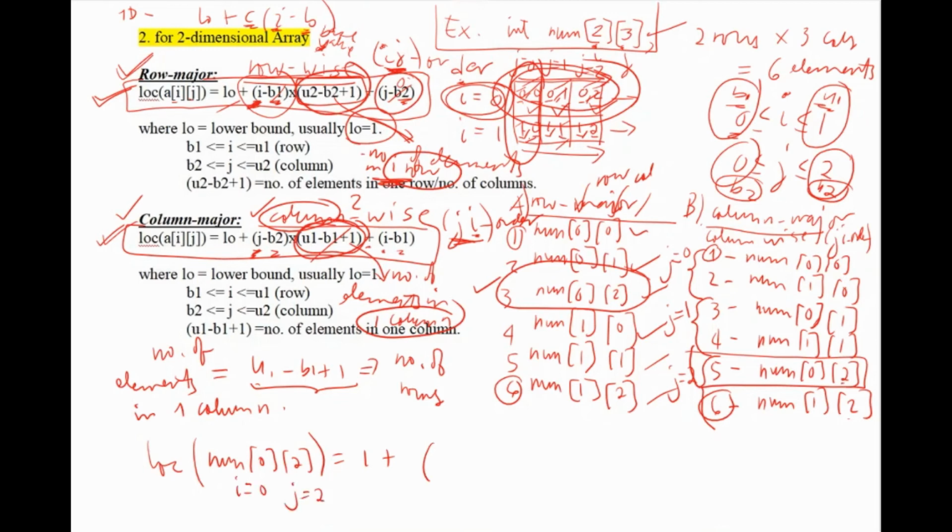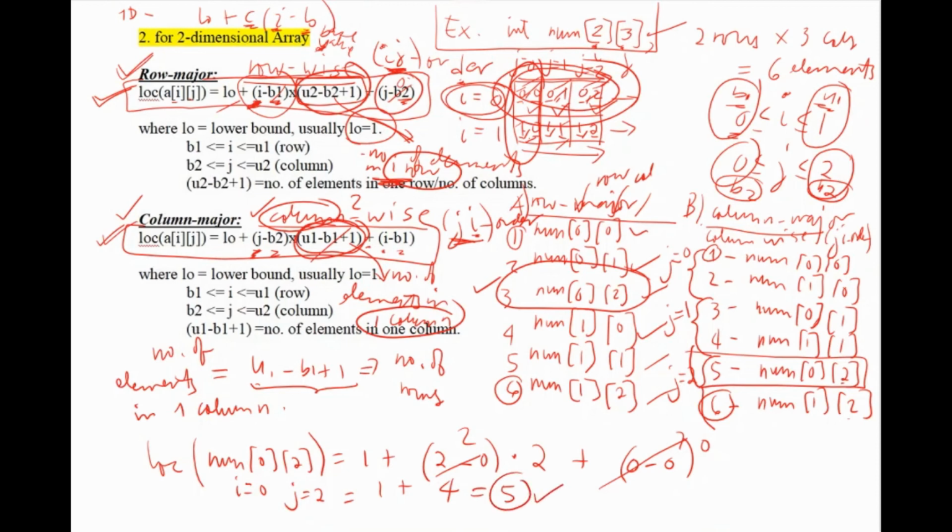So since that is J, we would use here 2 minus 0, times this is 2 rows or 2 elements in one column, plus I is 0 minus 0. So this will simply cancel out. The result now is 1 plus, this is 2 times 2, that's 4. 1 plus 4 is 5.